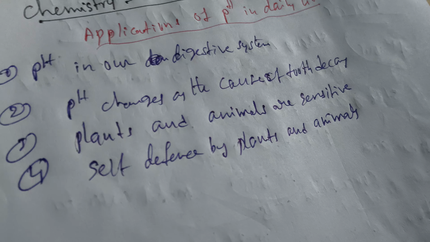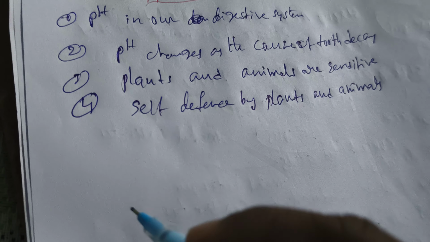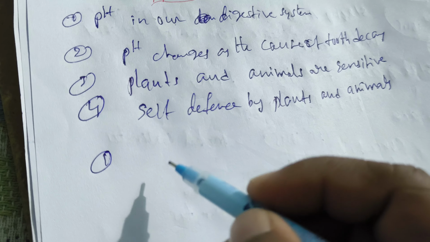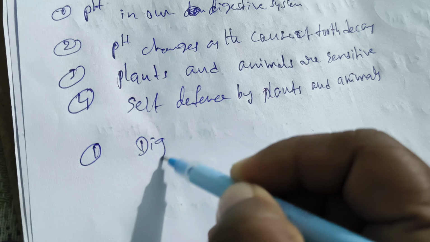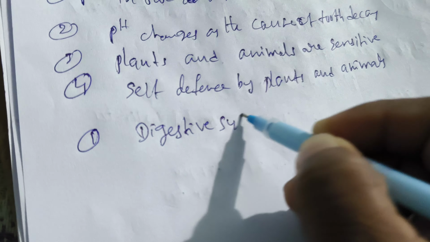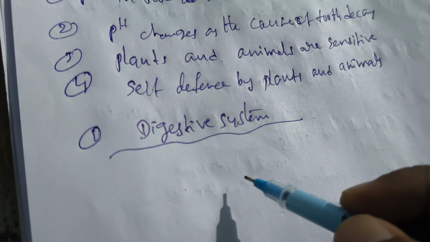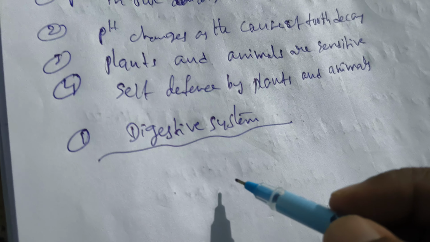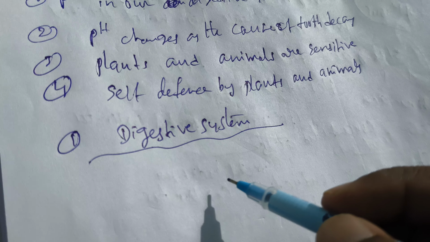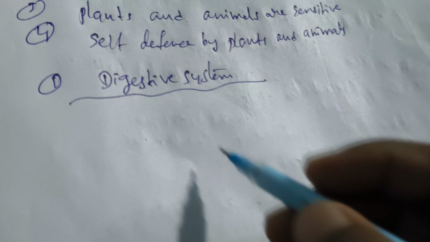Okay, let us discuss one by one neatly. First one, digestive system. As we are well aware, our digestive system produces hydrochloric acid.